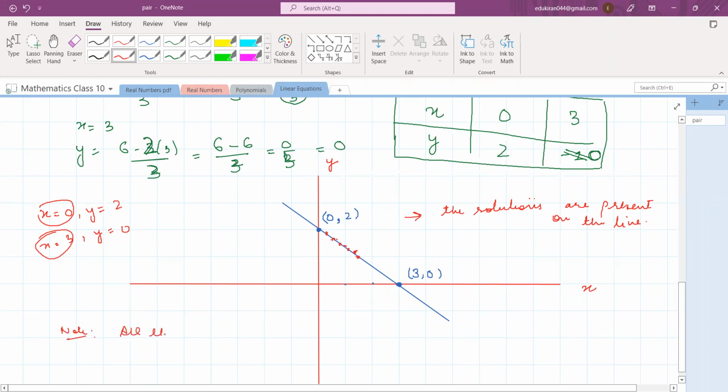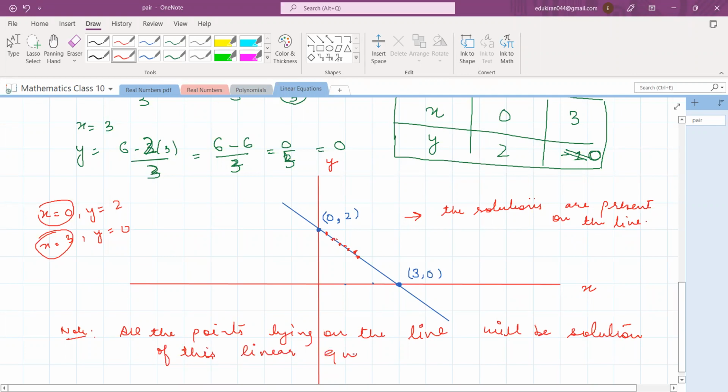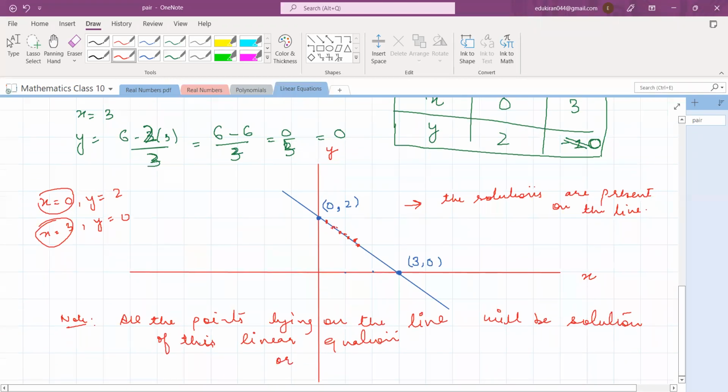All the points lying on the line will be a solution of this linear equation. Understood? Or conversely, we can say that all solutions will lie on the line. Both ways we can say. All solutions will lie on the line.